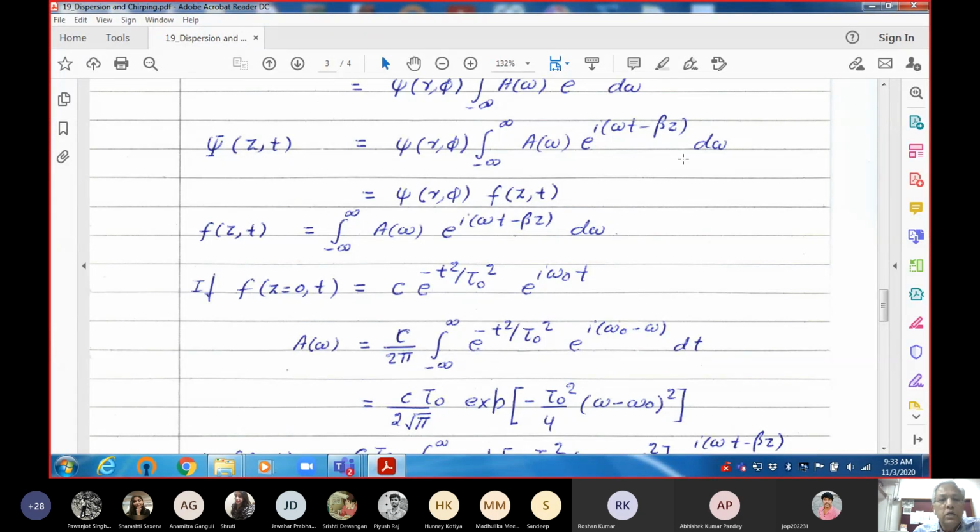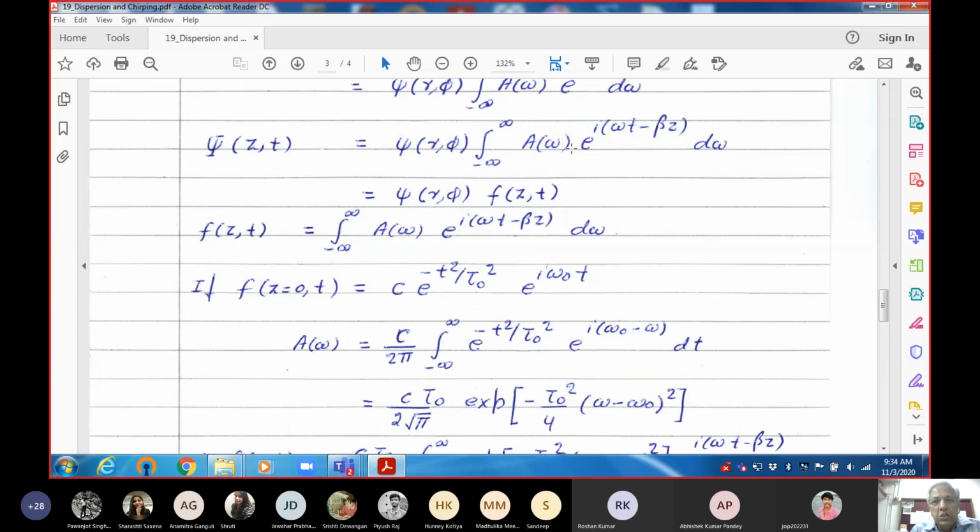Now here I would like to tell you that I have neglected the wavelength dependence of psi or phi, and this is quite okay, because as I will discuss here, when you integrate this Fourier transform, it is a very sharply peaked function around the carrier frequency.